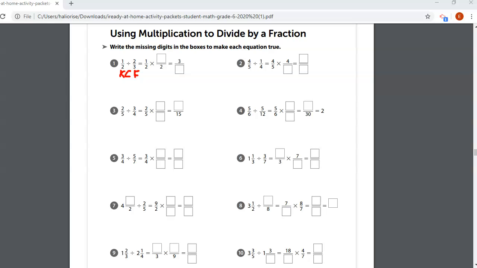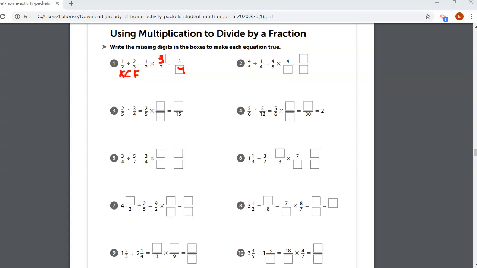So we keep the first number, which we see right here. We keep the 1/2. We change the division sign to a multiplication sign, and then we flip. So we're using the inverse of 2/3. We're going to flip it, and we're going to make it 3/2. So we just flipped it. The 3 goes in the numerator, the 2 goes in the denominator, and then we multiply across. 1 times 3 is 3. 2 times 2 is 4.